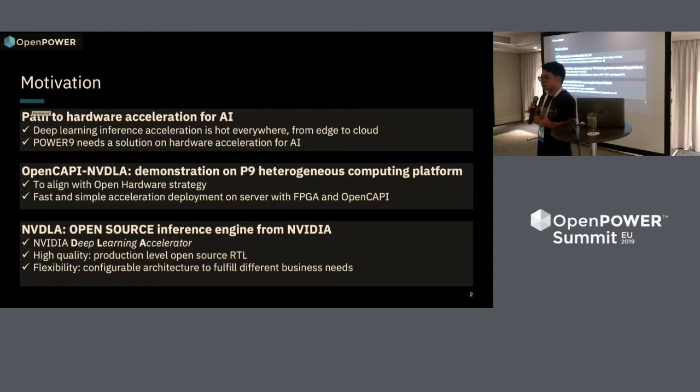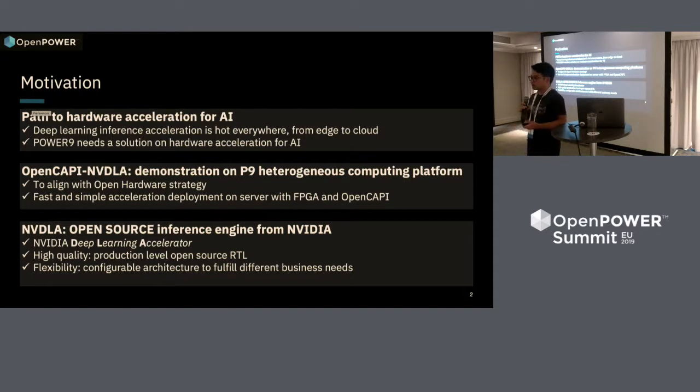If we can integrate that together with OpenCAPI, then that would be very meaningful for real business and real partners, because we have so many exciting, amazing research works, but for today's FPGA session, I didn't see any projects that are based on a real product.